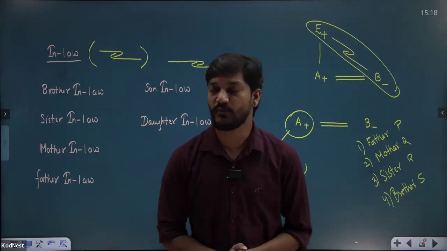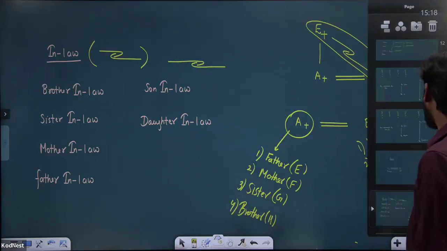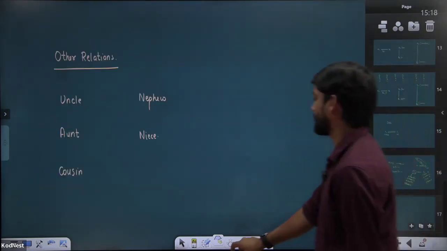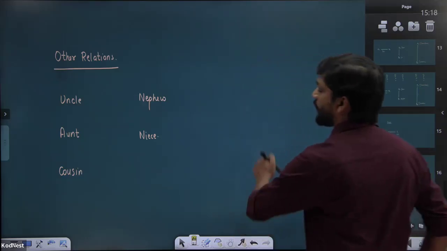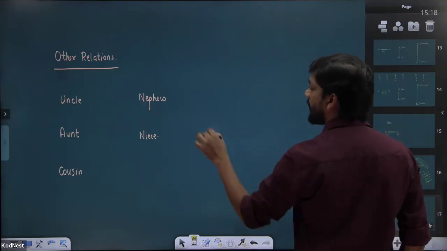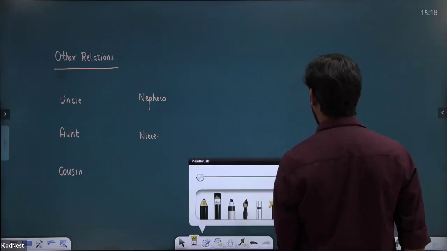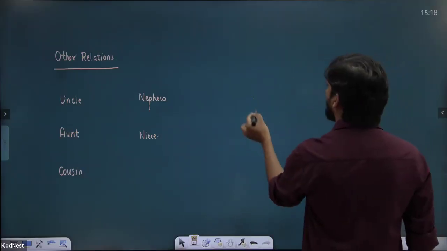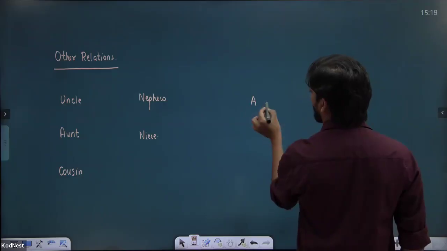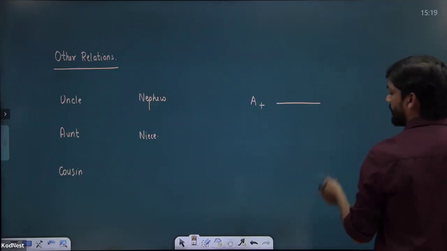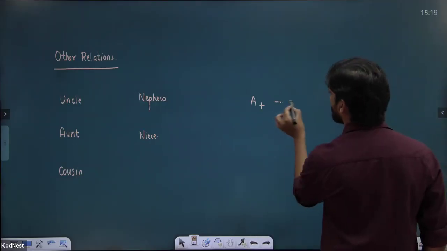Okay, so let's take more relations. For example, if I take uncle, aunt, cousin, nephew, niece, so please carefully see. I'm taking two brothers, let's say, or let's take your mother and father.